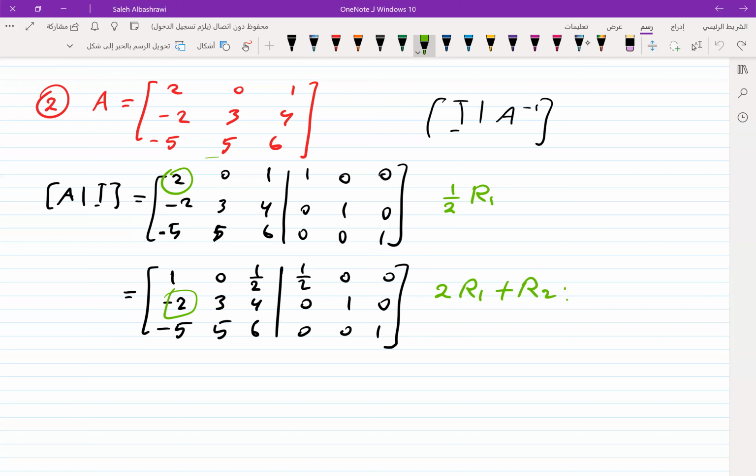That will be 2, 0, 1, 1, 0, 0. This is the first one. And second one is minus 2, 3, 4, 0, 1, 0. And add them together. I will have 0, 3, 5, 1, 1, 0.